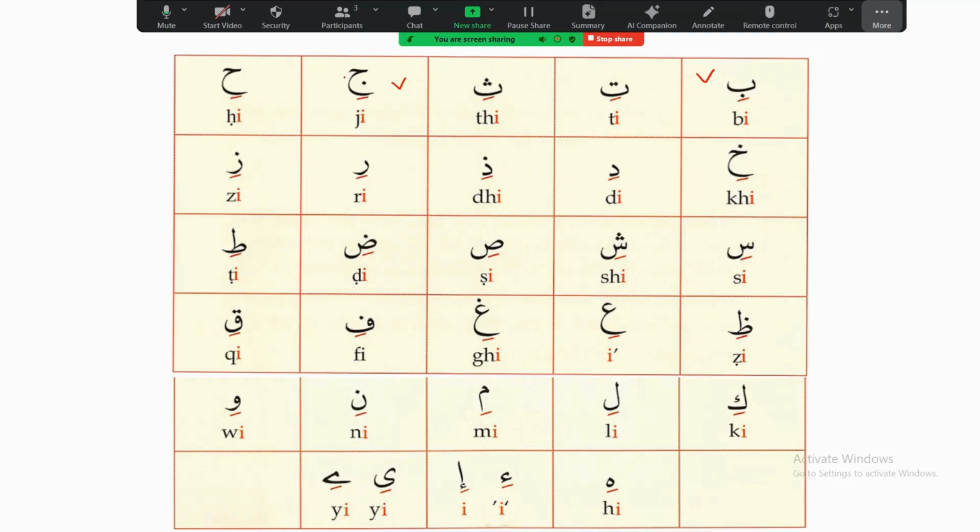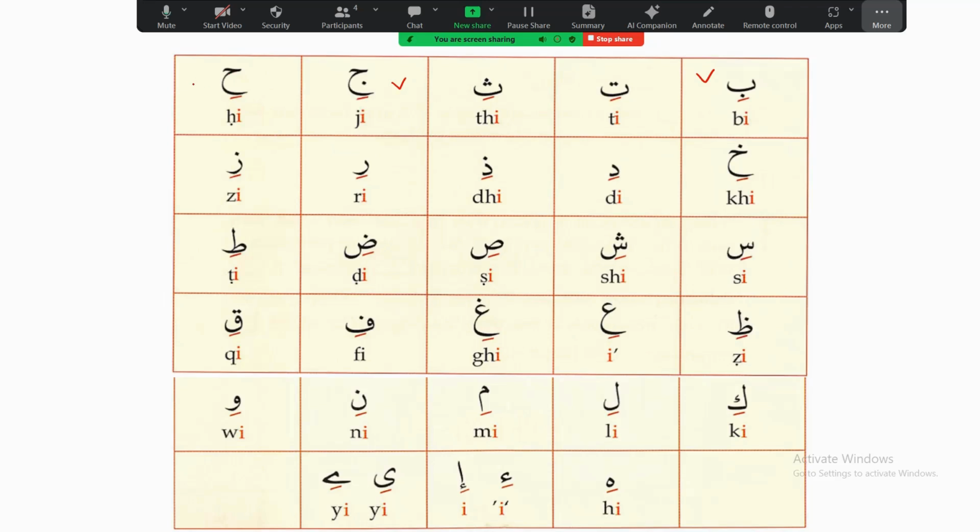The mistake comes when we try to make our upper and lower teeth come closer, and then this kind of sound is produced. That is the wrong one. So the pressure is on the middle portion of your tongue. Ji, ji.